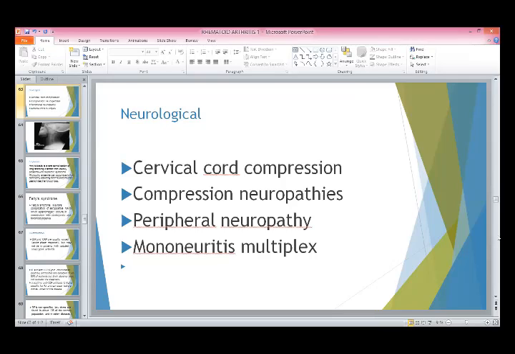Then compression neuropathies can also occur, like carpal tunnel syndrome. Peripheral neuropathy is one of the important complications; rheumatoid arthritis is one of the causes of peripheral neuropathy. Then mononeuritis multiplex, which means that individual nerves are involved at multiple sites.